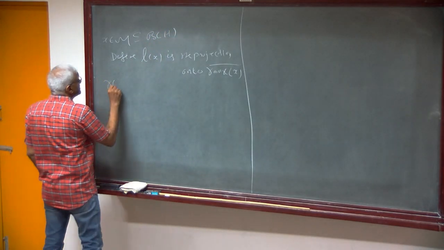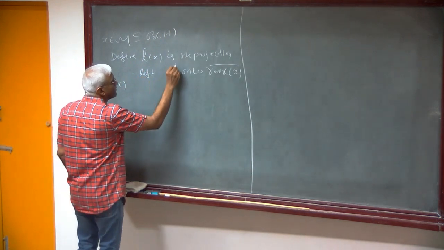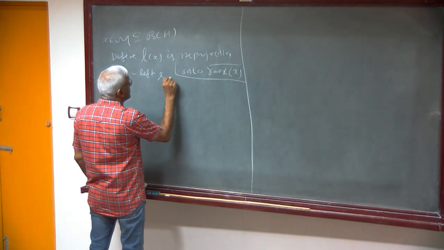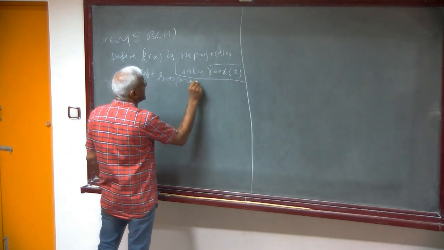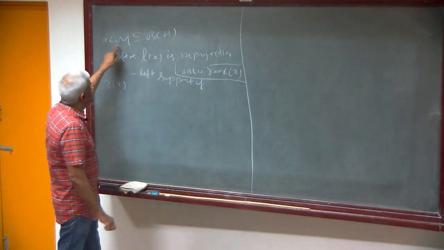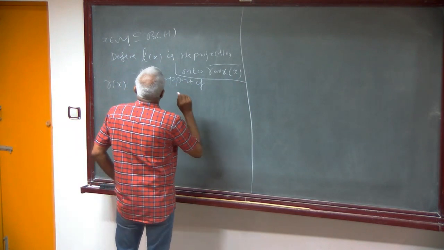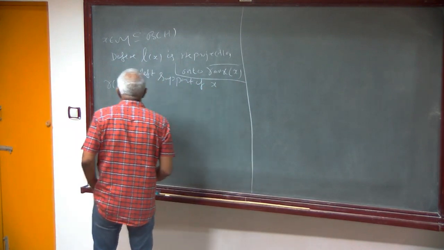Similarly, R of X, this is called the left support. This is for any operator; you don't need it to be in M. I say M because I will show that L of X, R of X are in M. So the left support of X you can define for any operator.